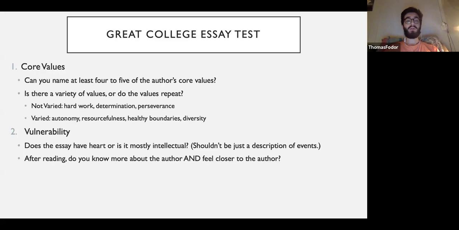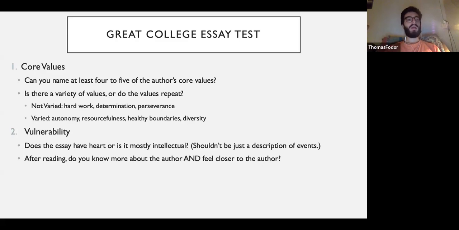And a critical question is, does the essay have heart, or is it mostly intellectual? I know for me, it can be very hard to be vulnerable in any kind of writing. And so for me, I tend to fall into the trap where I go through like an intellectual process in a lot of my writing, and that's just like who I am as a person.